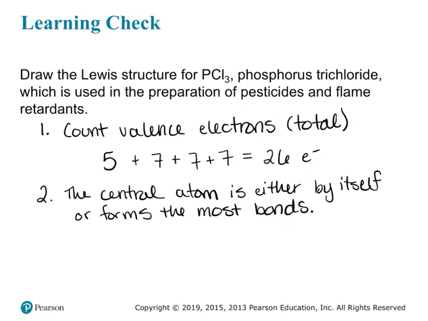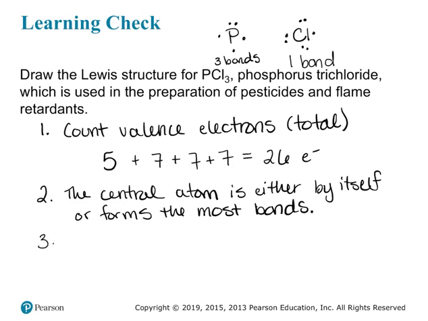Okay, so we already saw that phosphorus has 5 valence electrons and it can form 3 bonds. Chlorine has 7 valence electrons and can only form 1 bond because it only has 1 unpaired electron. So that means phosphorus must go in the middle.